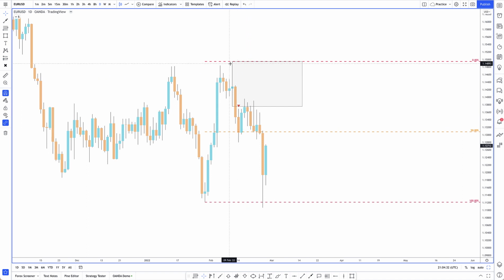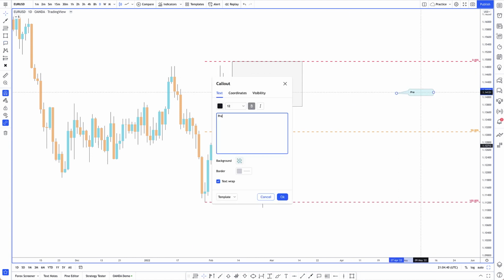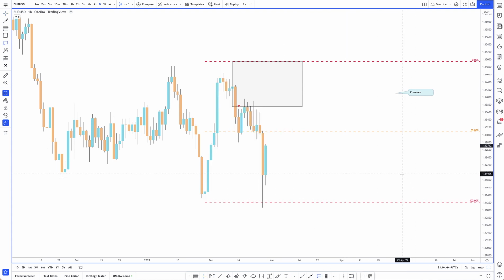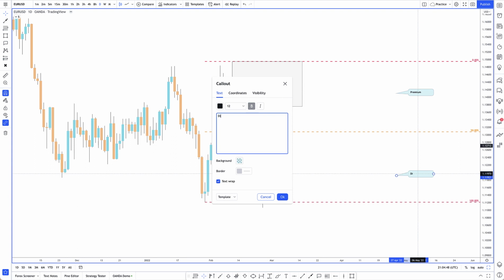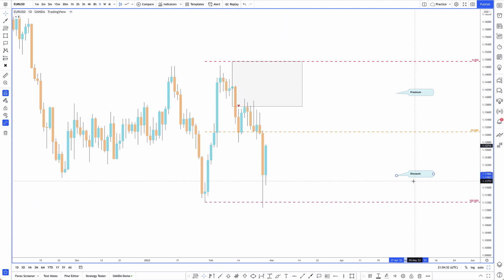So if we were to draw a range, the way to read the range is that this is premium or high, and this is discount. So you always want to sell in premium and buy in discount.